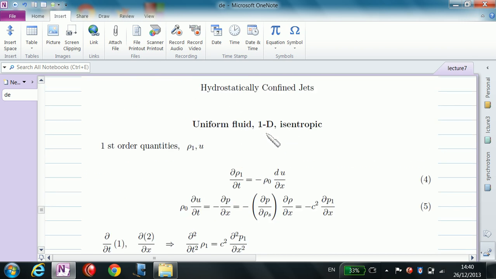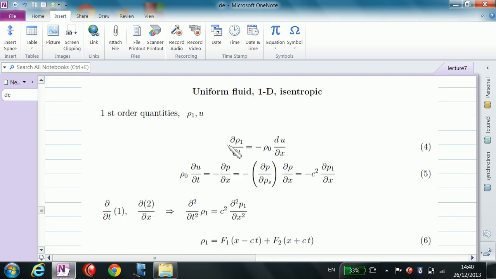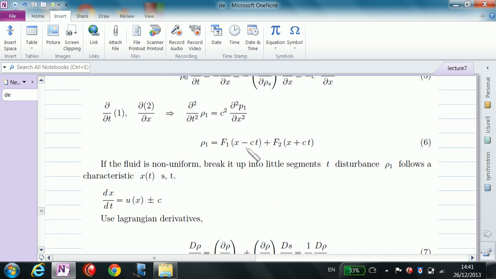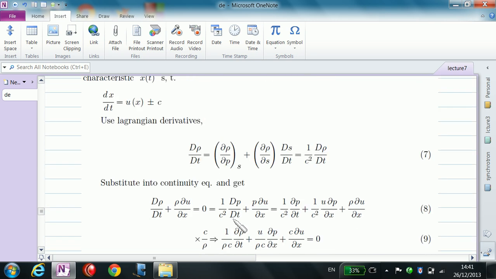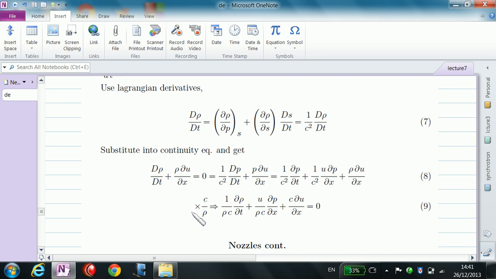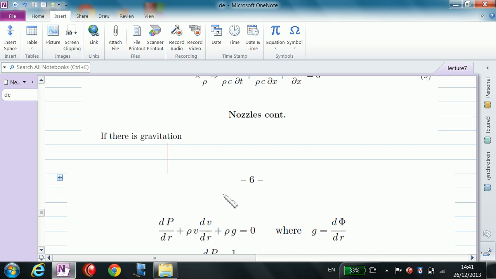This was the part that was missing yesterday, the uniform fluid 1D isentropic flow, with the Lagrangian derivatives and so forth. Somebody has to put those two together. Some mistake in copying, I guess. I think he copied in the reverse order, when copying and pasting. Maybe. Okay. Anyway, let's go back to nozzles.